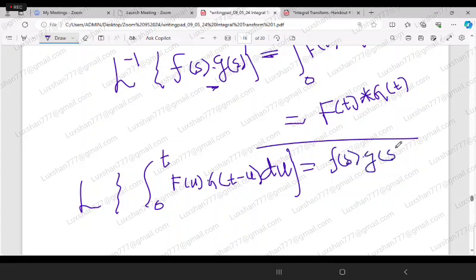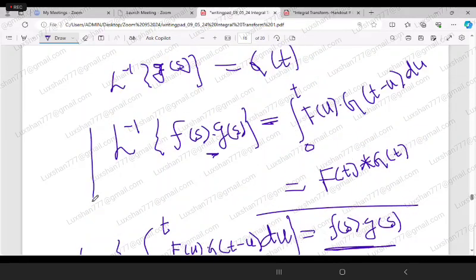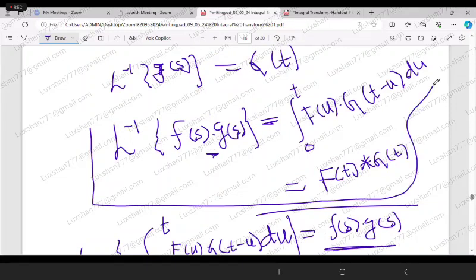So when you have an integration in this form, then you can use this one. But mainly we use this convolution for the inverse Laplace transform.